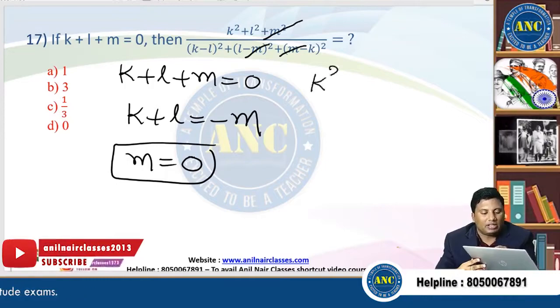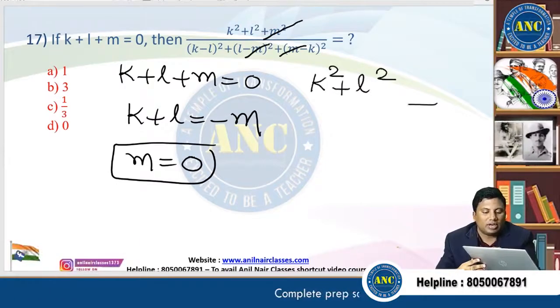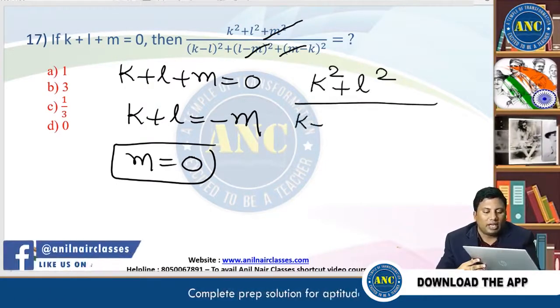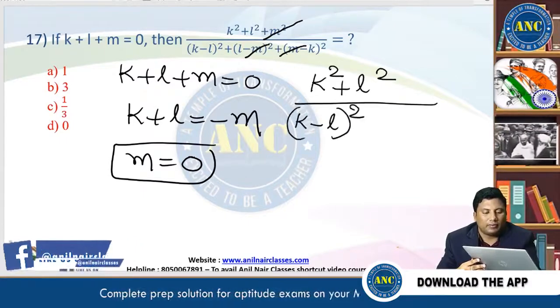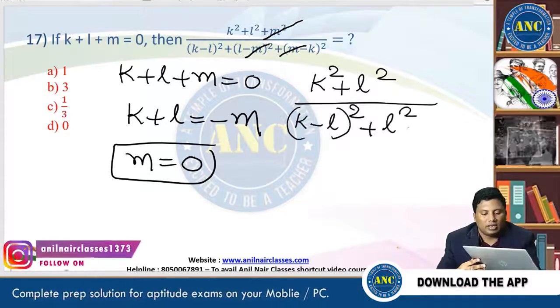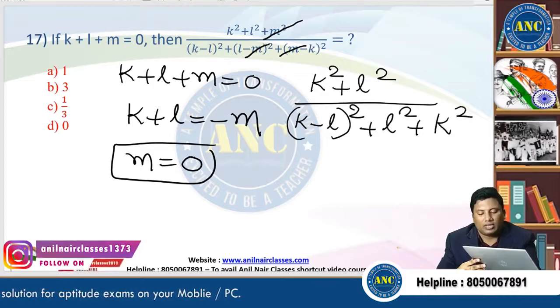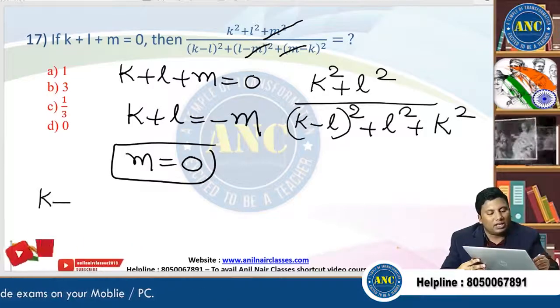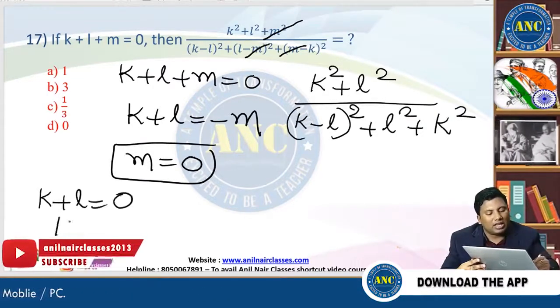Finally remaining is K square plus L square whole divided by K minus L whole square plus L square minus K whole square is K square. If K plus L is 0, what is K value?